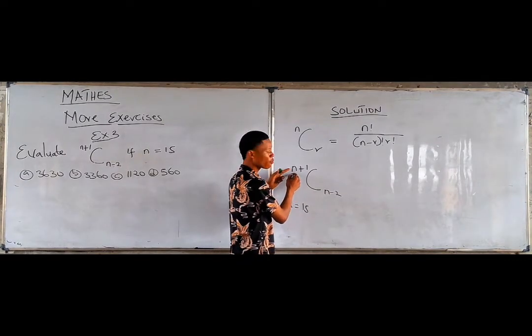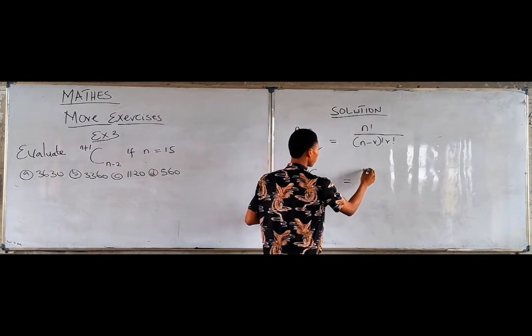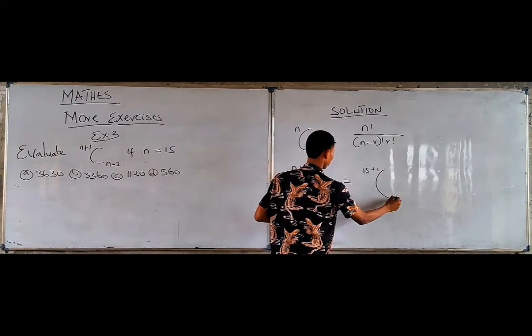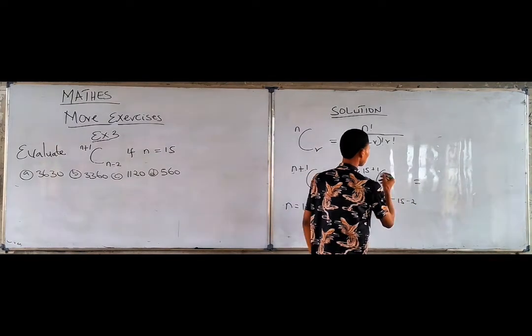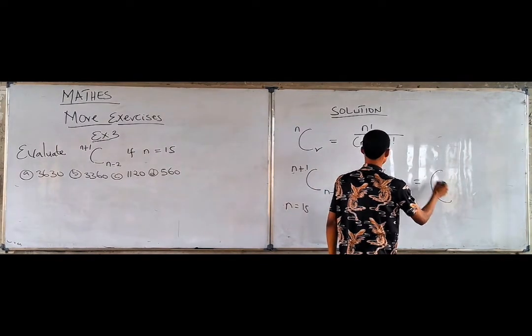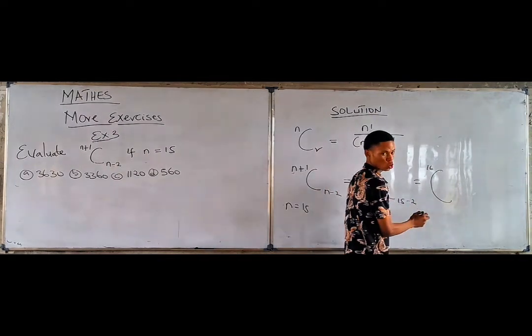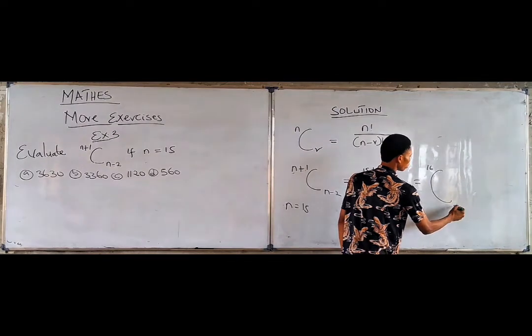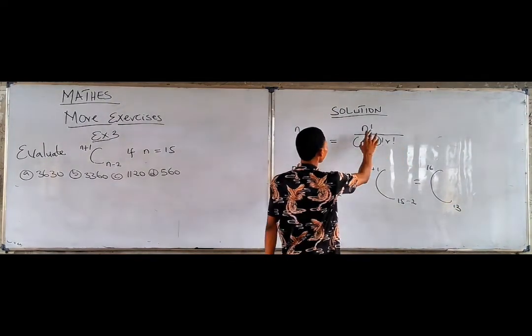If I add 15 here, 15 plus 1 will give me what? So this is just 15 plus 1, 15 minus 2. 15 plus 1 is what? 16, right? 15 minus 2 is what? 13. So we can solve this out by applying it into this formula.